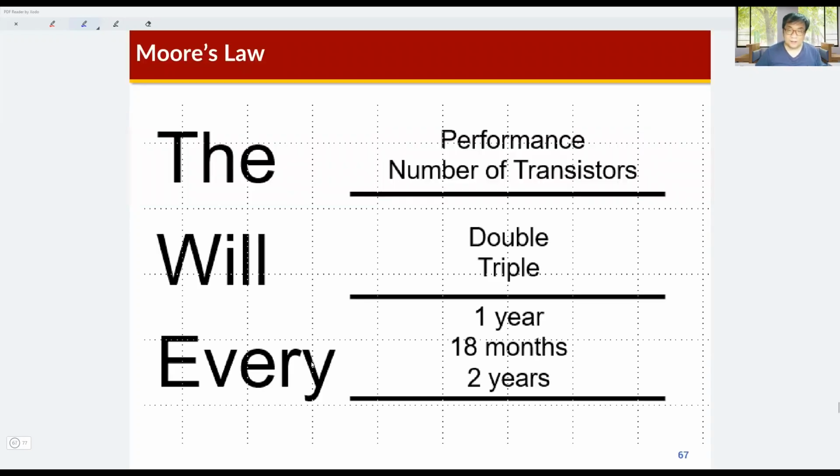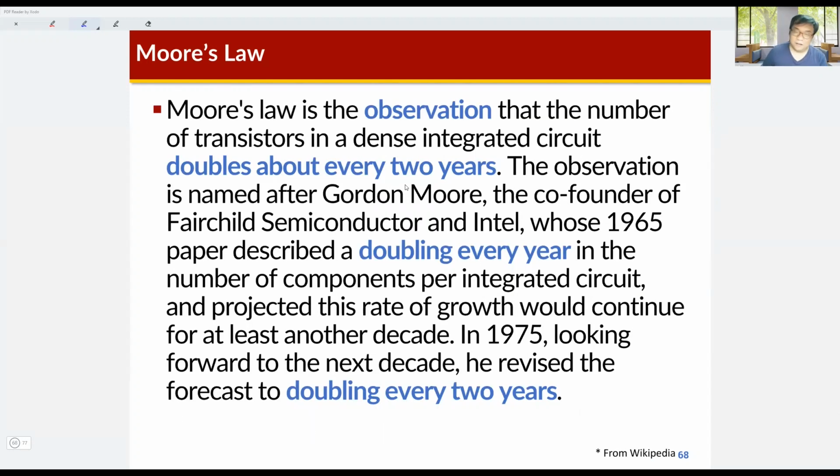So what is Moore's law? The performance or number of transistors will double or triple every 1 year, 18 months, or 2 years. Let's see the answers.